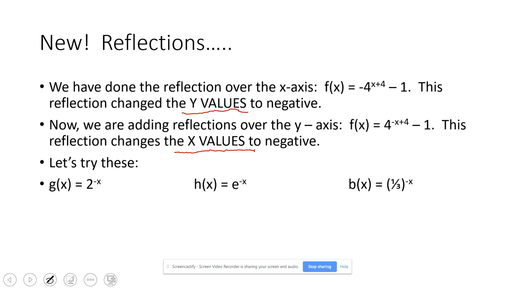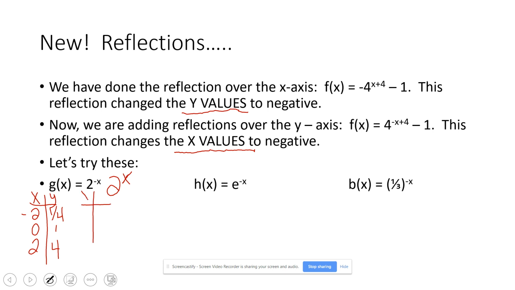So our parent function is going to be 2 to the x power. If I pick -2, 0, and 2, then I'm going to get y values of 1/4, 1, and 4.